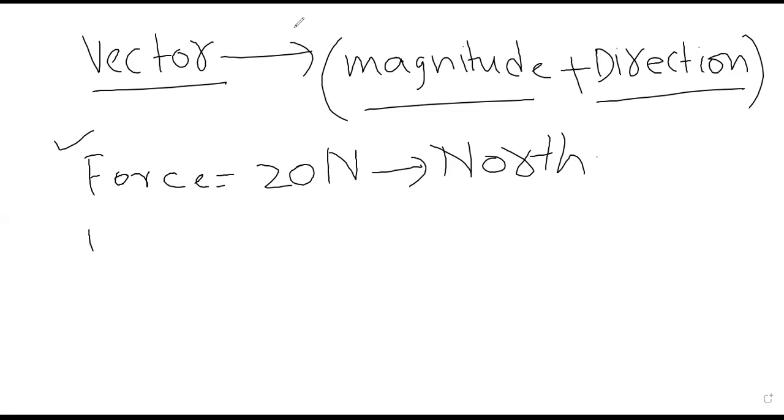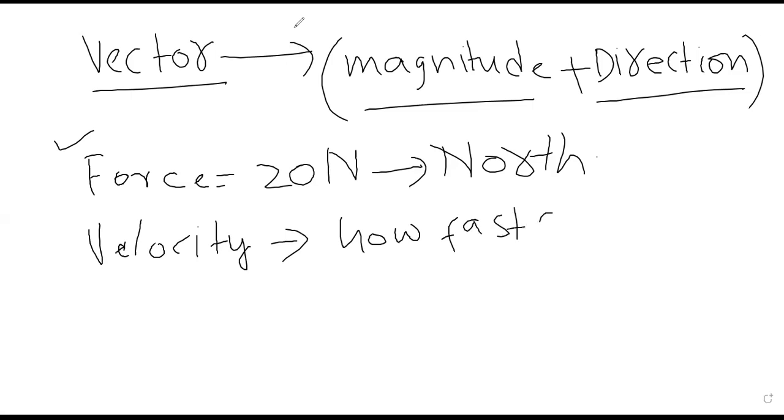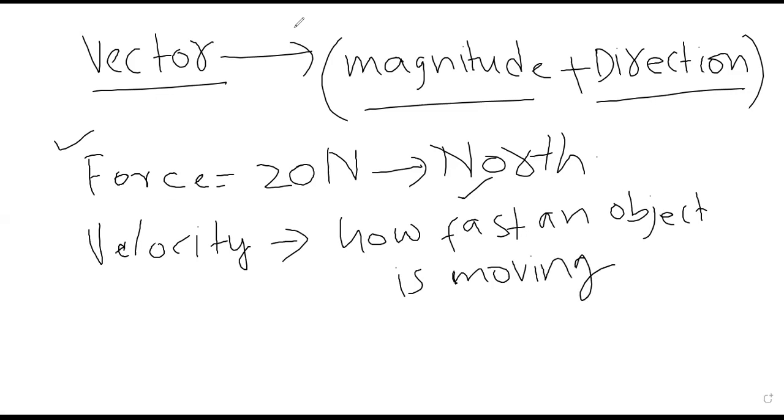Okay, now moving towards another example like velocity. What does velocity explain? Velocity determines how fast an object is moving, and also in which direction it is moving. Now, what does fast mean? Fast explains the magnitude of velocity, that is, what would be the number.